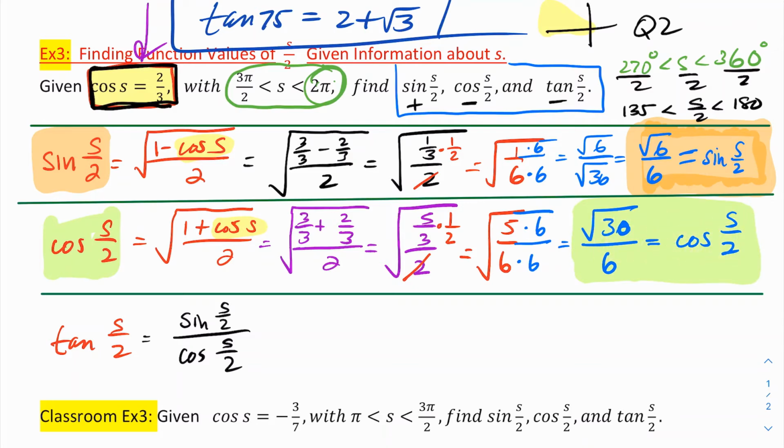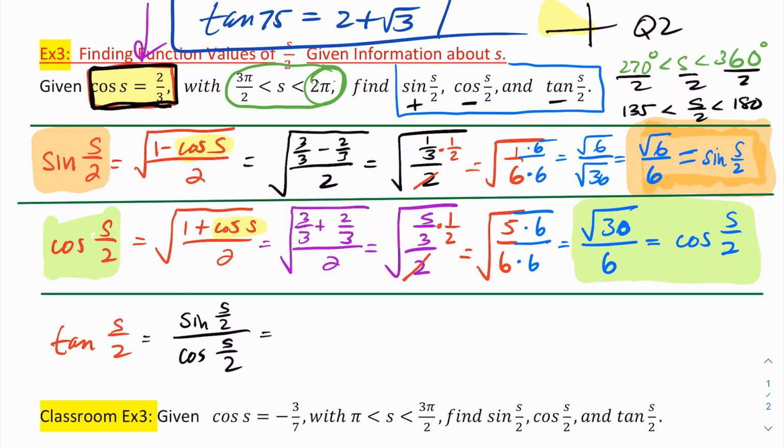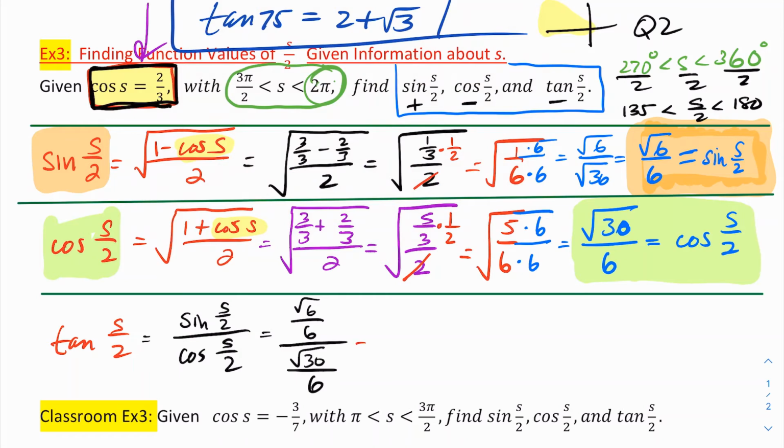And now we'll do tangent. And so what we'll do is we'll take sine of s over 2, which is radical 6 over 6, divided by cosine of s over 2, which is radical 30 over 6. And we'll flip and multiply this. So that's going to equal the square root of 6 over 6 times 6 over the square root of 30. So what's going to happen there is these will cancel.